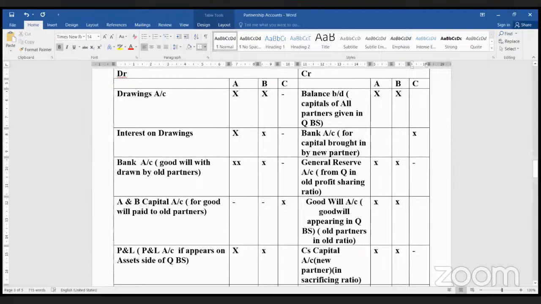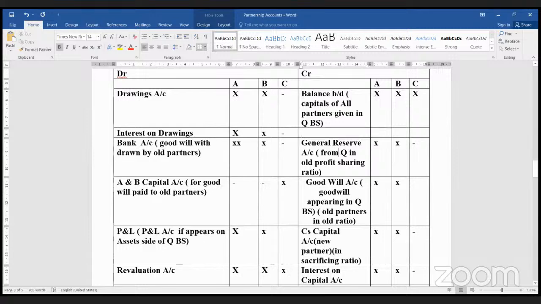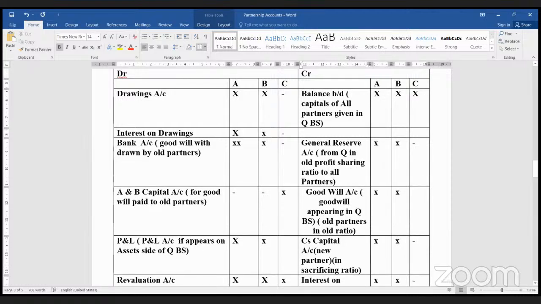Here this will not be there, because there is no new partner; it is only retirement of partners. Next, general reserve: old ratio to all partners. There we gave only to old partners, so that means C also will take.